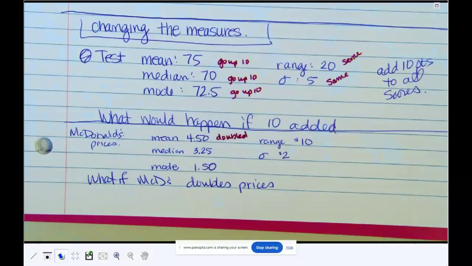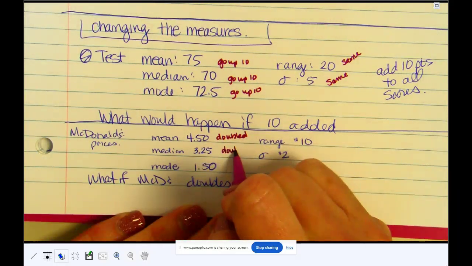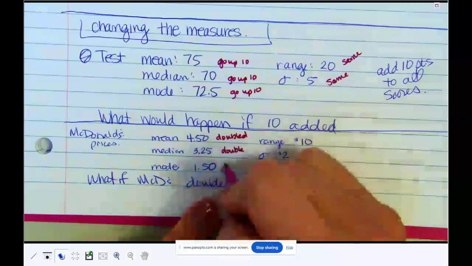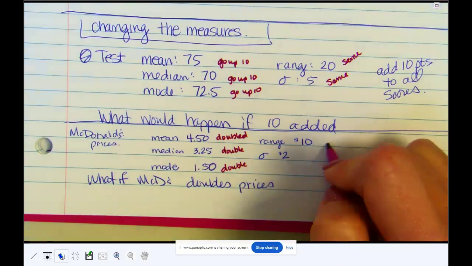It's doubled because whatever your value, your quarter pounder with cheese, $3.25, if you double that, you're doubling the median. How about the mode? Doubled. How about the range? Nope. It's actually doubled.